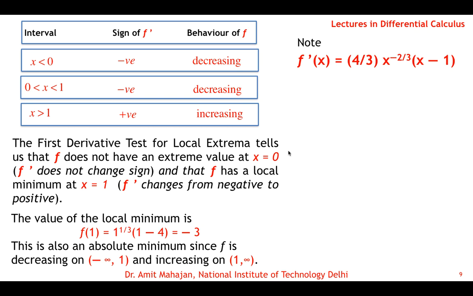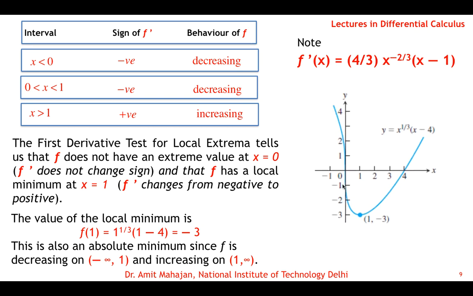So if you simply plot this, then for minus infinity to 0 it was decreasing, and then for 0 to 1 it was further decreasing, and then it starts increasing for x greater than 1. So this is the point of local minima, and at x is equal to 0 there is neither maxima nor minima.